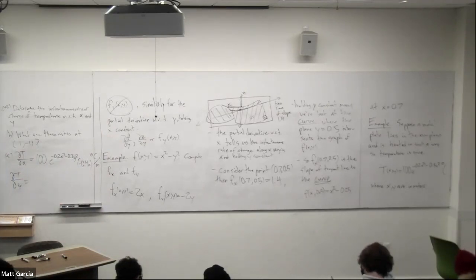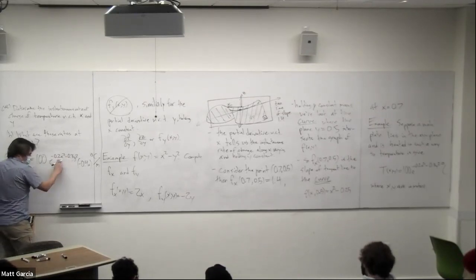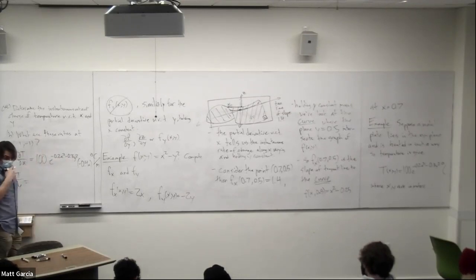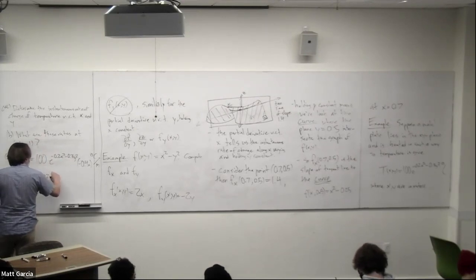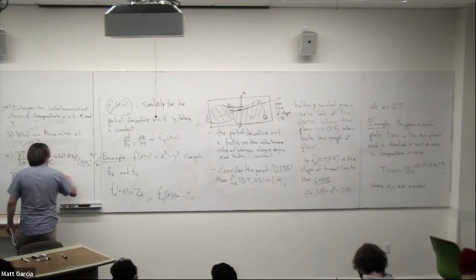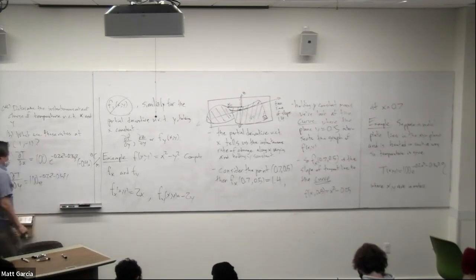Well, basically the same story, right? We use the fact that the derivative of e is itself, and then we use the chain rule to differentiate this exponential polynomial with respect to y. And so we got 100 e to the negative 0.2x squared minus 0.3 y squared times the derivative of this exponent with respect to y.